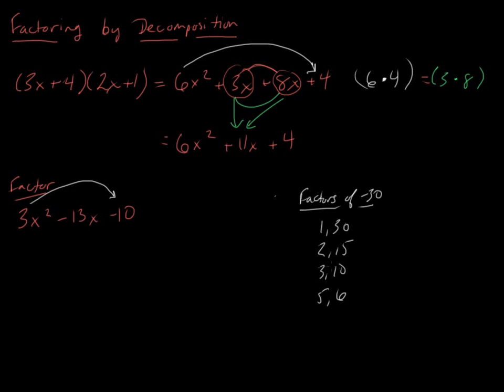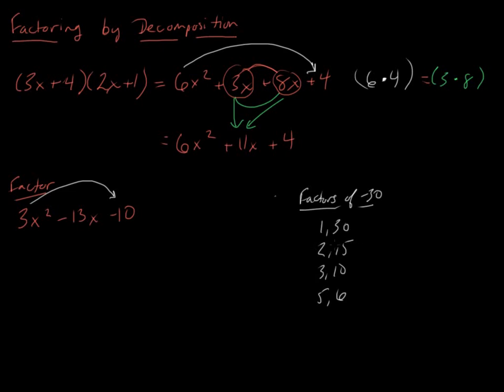So I know it's easy to look at 3 and 10 and think, well, that's 13. It's not negative 13, and one of these has to be negative. So negative 3 plus 10 isn't 13, it's 7, or 3 plus negative 10 is negative 7, so that won't work. But if we go down through the list here, the 1 and 30, no matter which one's negative, you're going to end up with either 29 or negative 29 there.